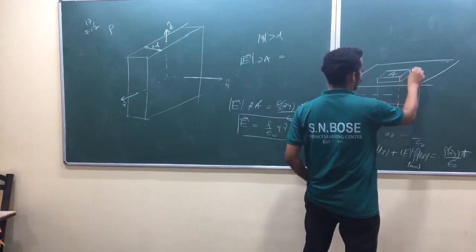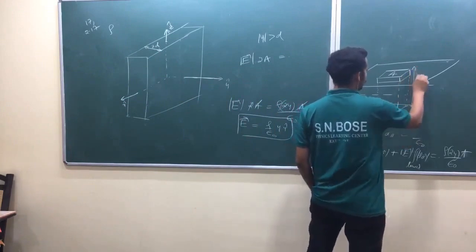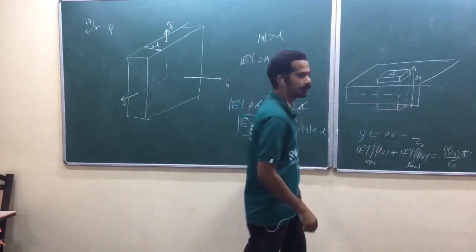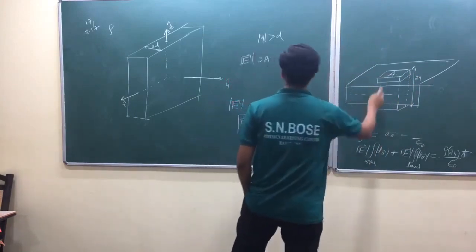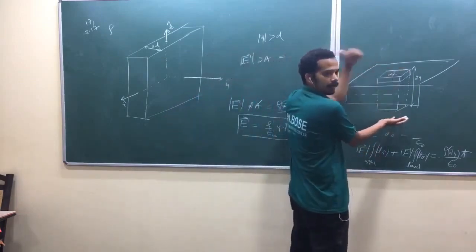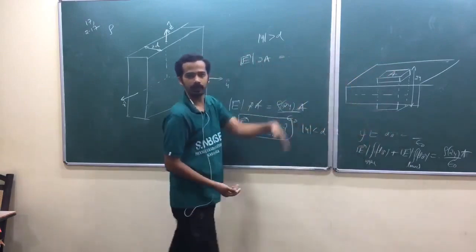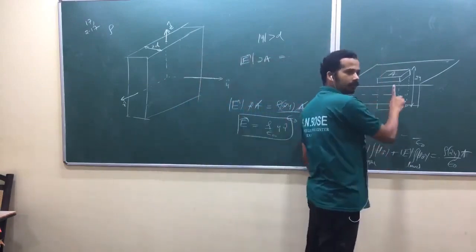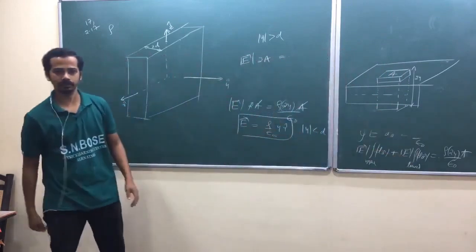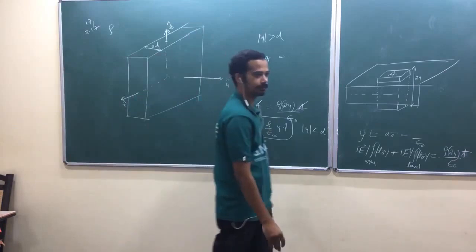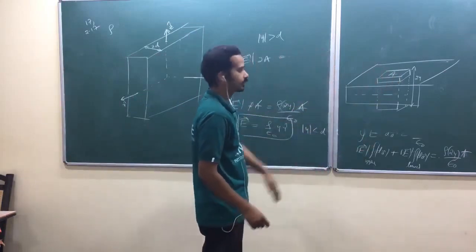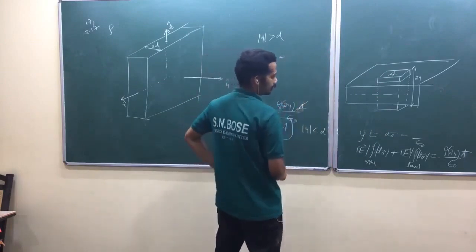Even though suppose this distance is 2y, this is area A. Your flux will contribute only here and here, and electric field into 2A, because below electric field will be downward, above electric field will be upward. Again, cos 0 happens in your dot product, and electric field into 2A. The side surface will not contribute anything, so this part remains the same as earlier. So then what is the next one?